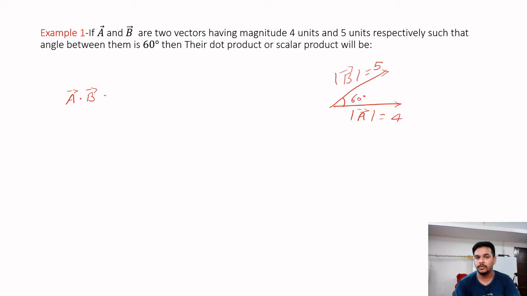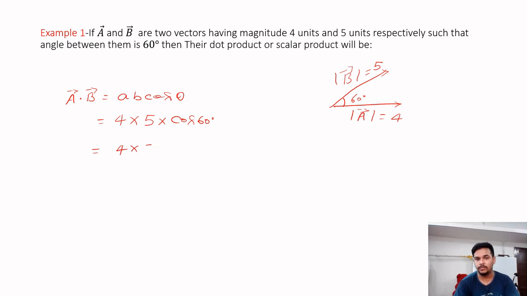A dot B will become AB cos theta, where A is the magnitude of vector A, which is already given as 4, the magnitude of vector B is given as 5, and the angle between them is 60 degrees. So everyone, tell me what is the value of cos 60 degrees. Cos 60 will become 1 by 2.